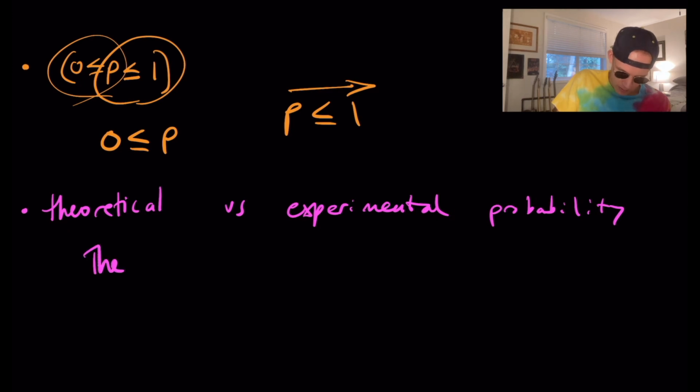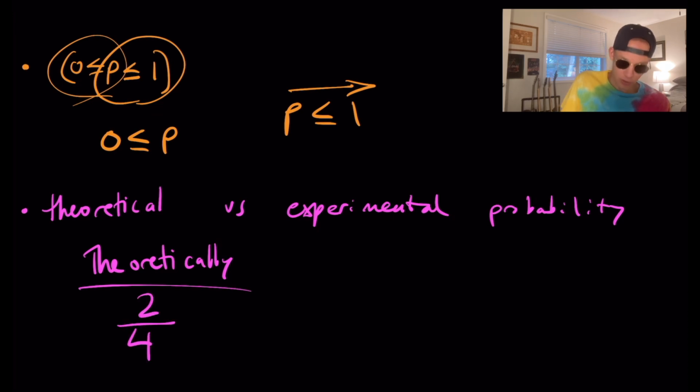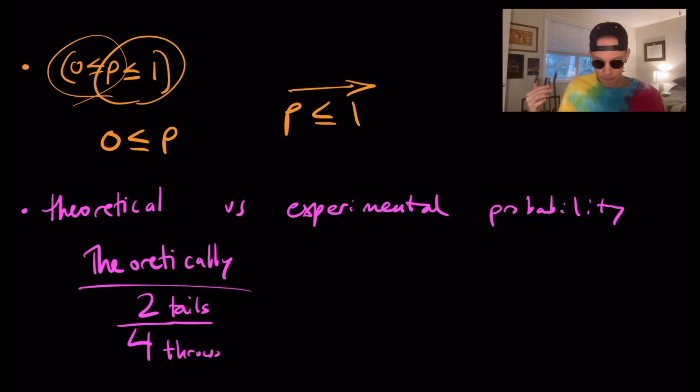Well, theoretically speaking, if I'm going to flip it 4 times, 2 of those should land on tails because it's a coin. You have a 50-50 shot of getting heads or tails. So 2 tails out of 4 throws. Again, 50-50. Gonna have to be 2 tails and 2 heads. We're just talking theoretical.